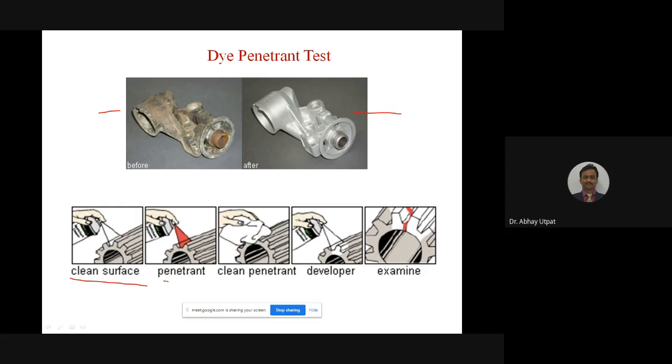Then apply the penetrant. It is red in color. You have to wait for 5 minutes. Penetrant will go inside the crack, if any. Extra color is removed with the help of cloth. Then apply the developer and then examine.